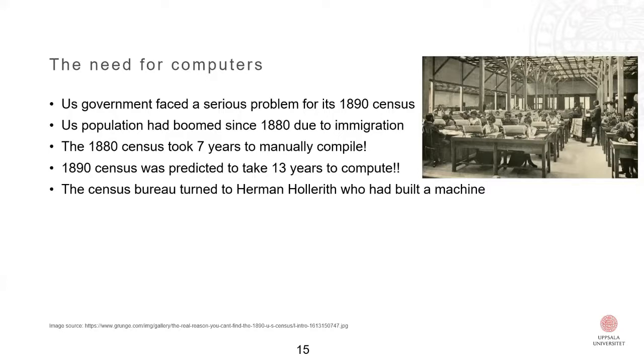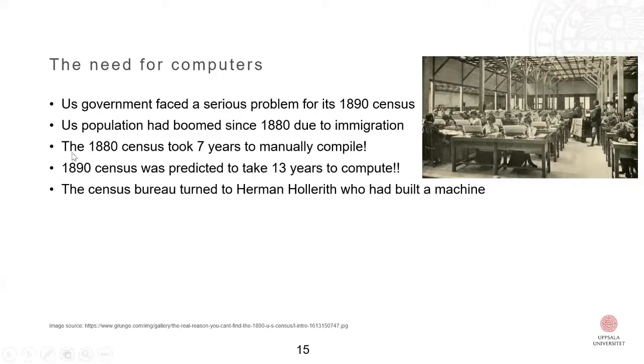The U.S. government would run a census every 10 years. The last time they had done a census was 1880, but since then their population had grown so much due to immigration.